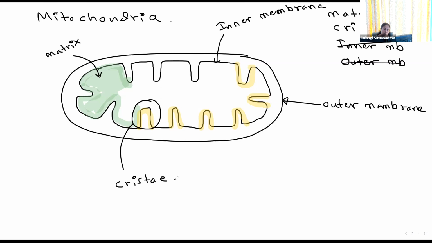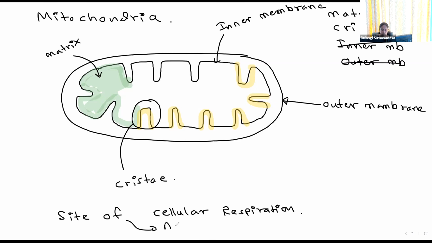Write down the function of the mitochondrion. Use the term cyto. So you can say site of cellular respiration, or you can say site of ATP production.